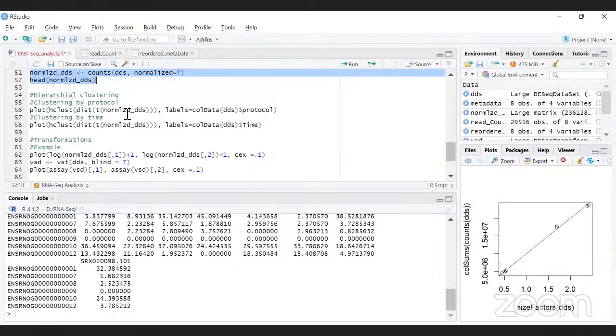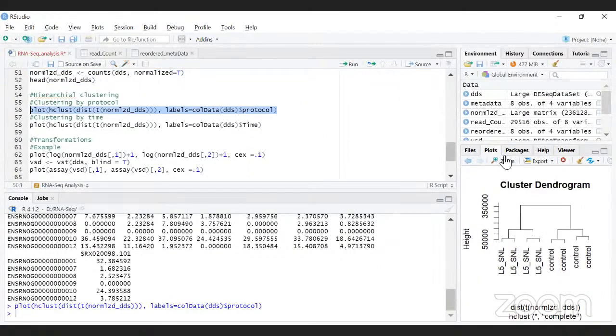A very simple distance matrix: here we are using a function called dist, and this dist function uses the Euclidean distance. Then we create a hierarchical clustering. First we'll see what kind of clustering is done over here.